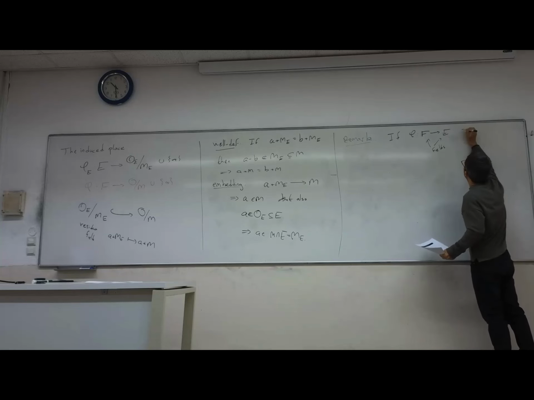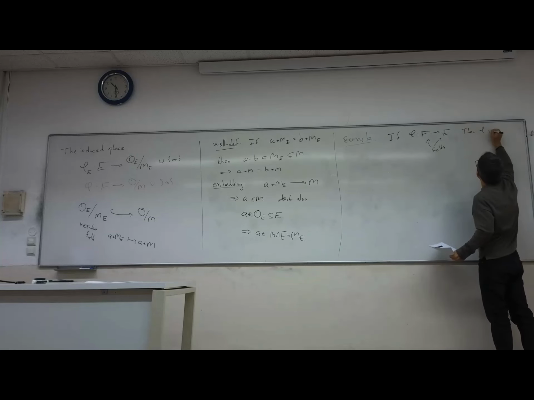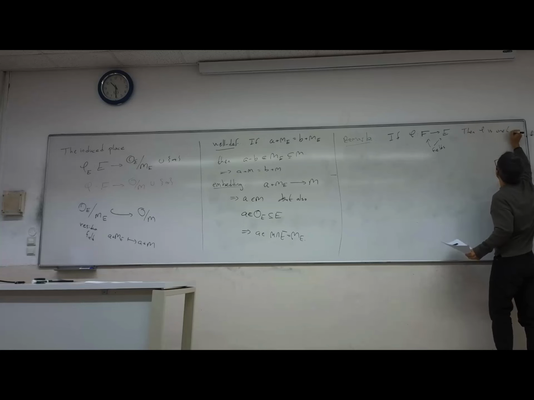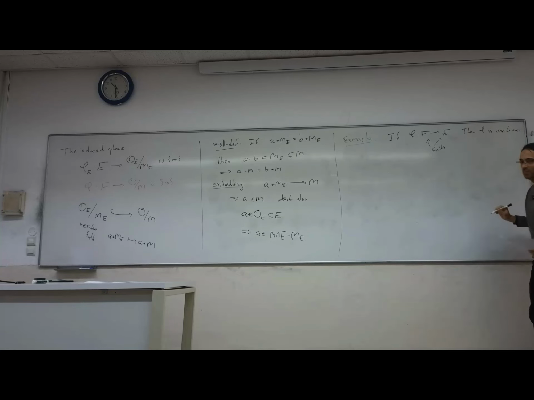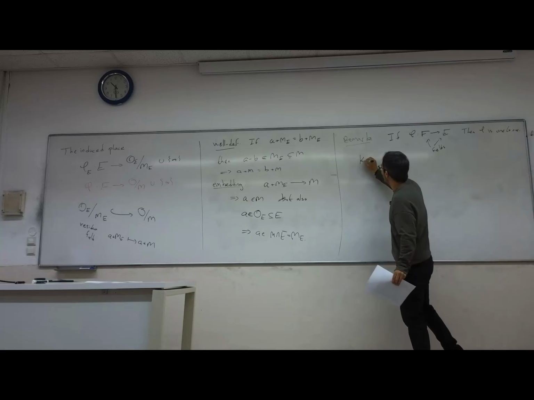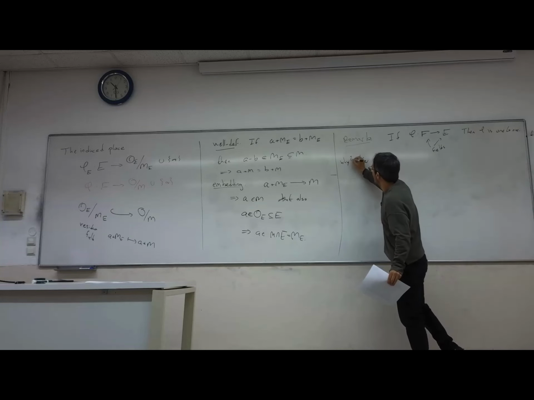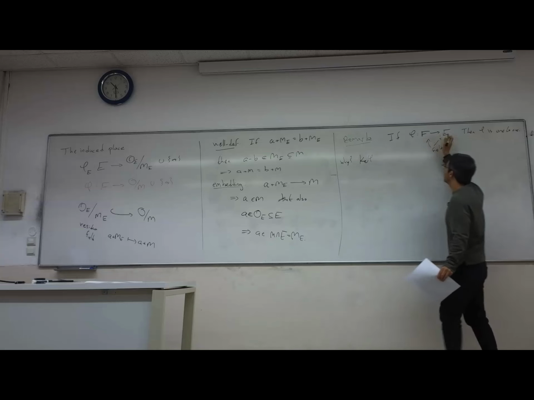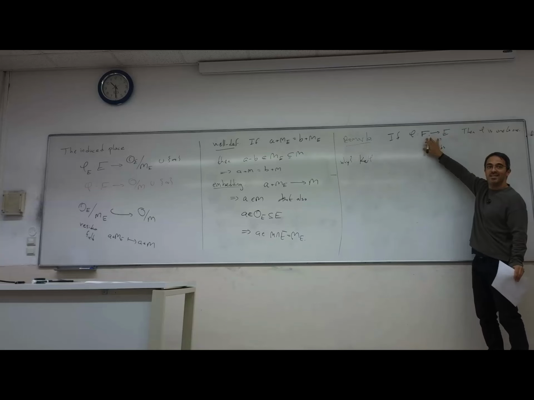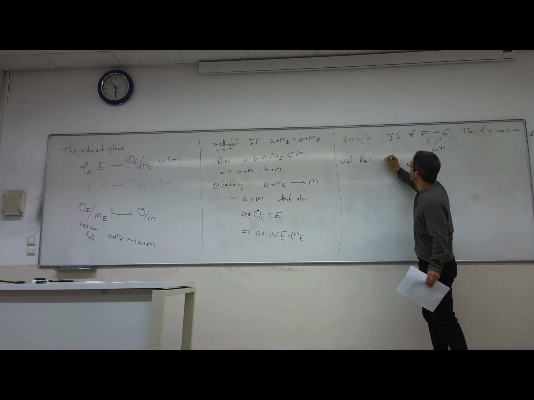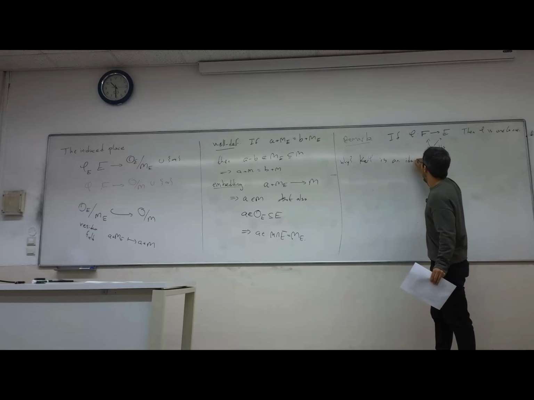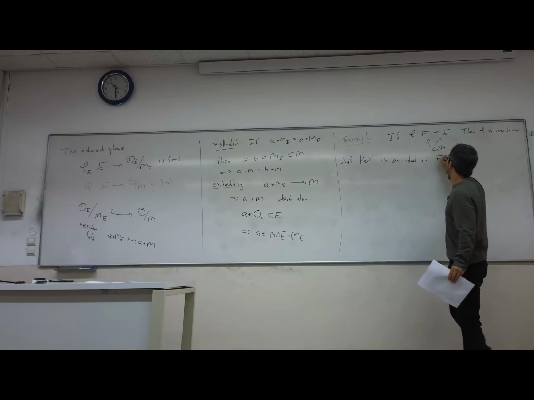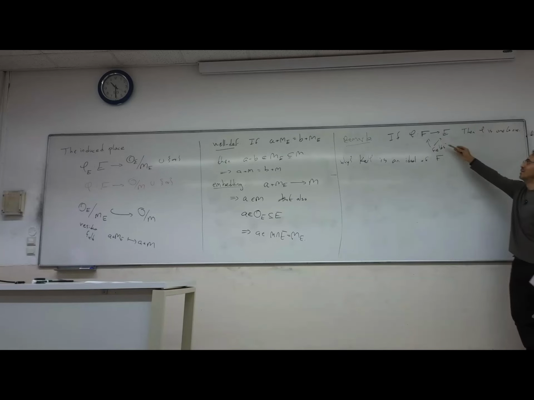Then I claim that phi is one to one, like a monomorphism, if you want. Not necessarily onto, but it's a mono. And you know that because the kernel of any ring homomorphism is what? An ideal of F, but F is a field now.